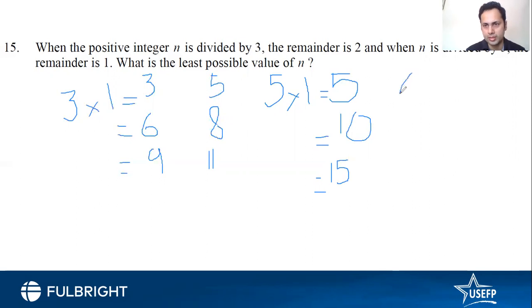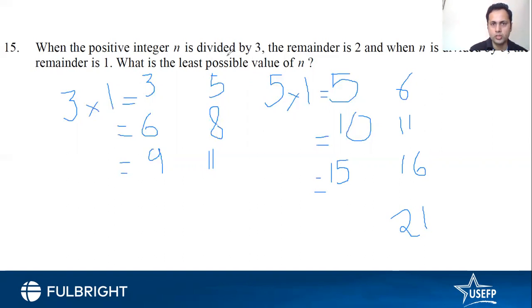So 6, 11, 16. Next is 21. So we need to find the least value of n.